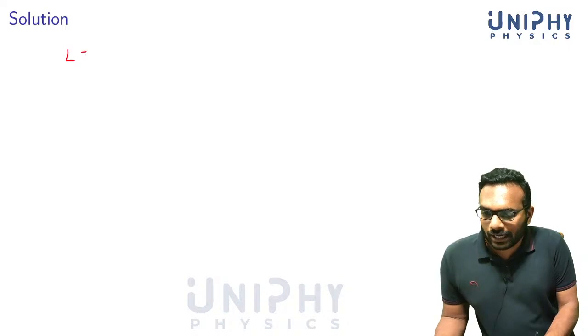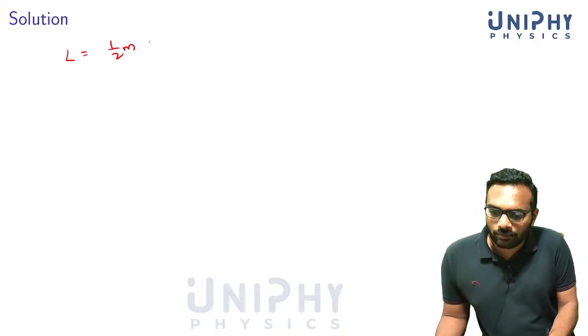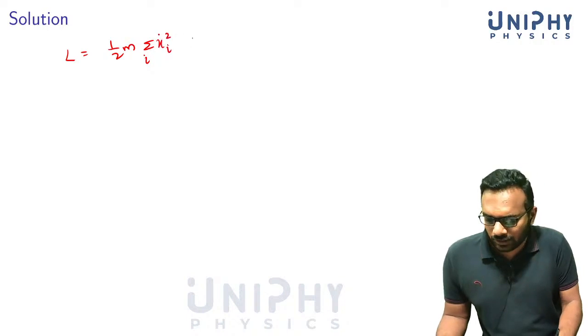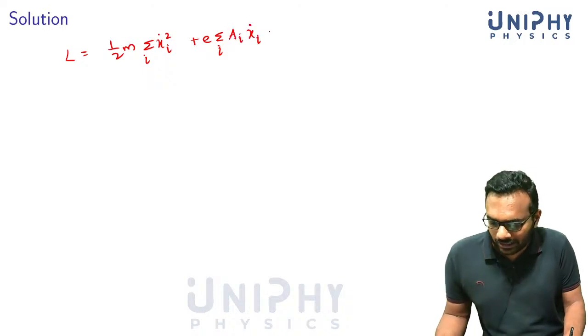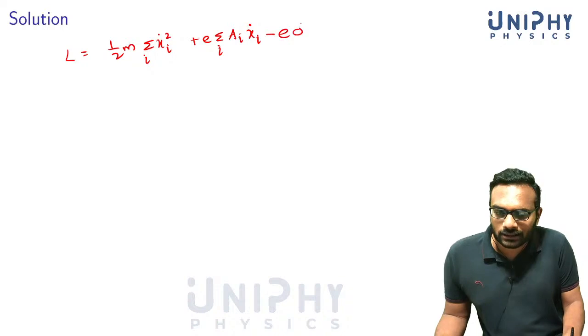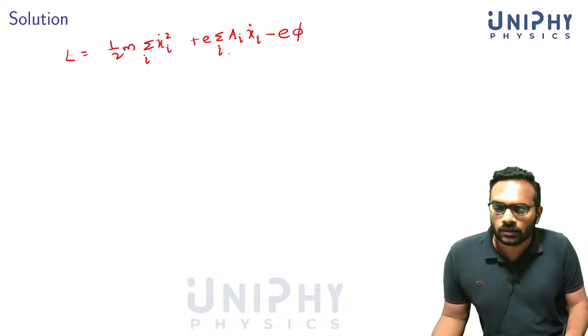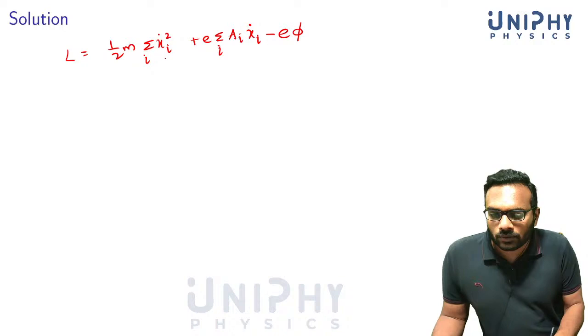So, you have L equal to half m summation over i xi dot square plus E summation over i Ai xi dot minus E phi. What does this mean?